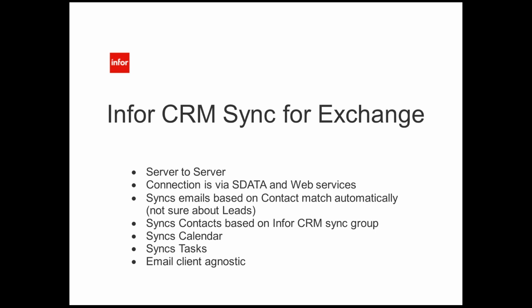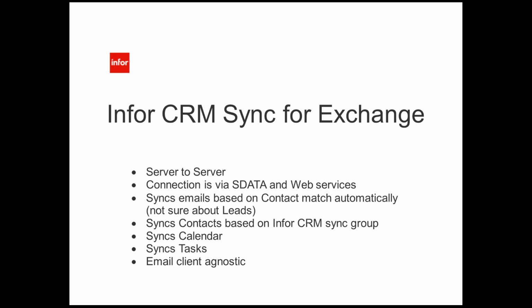So it has the ability to look for a contact matching email in the CRM system, and then it'll automatically create a history record by copying the contents of that email into the matching contact's history tab, all automatically, all happening in the background without you having to push any buttons to get it to do it.